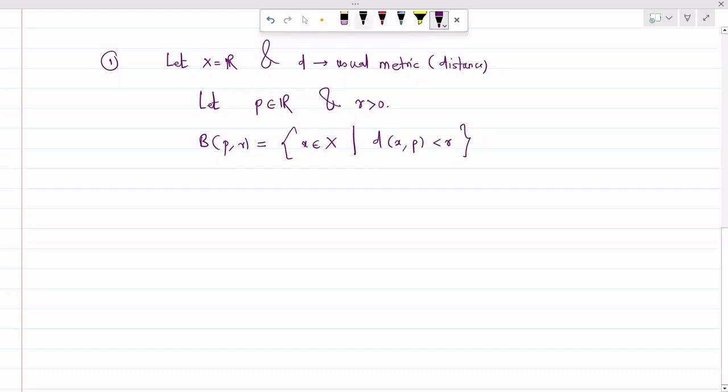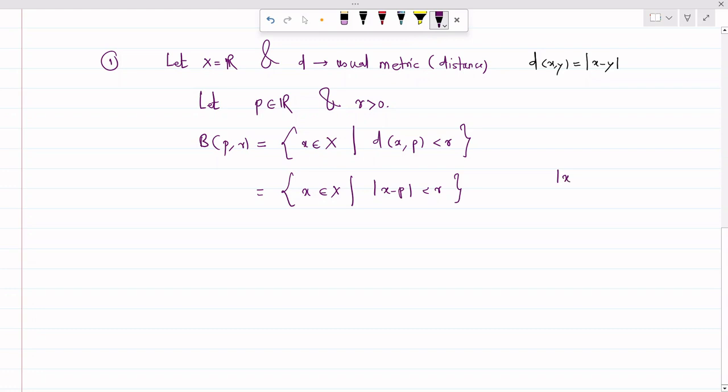But as I already told you, d is the usual distance, so the function is defined like this: d(x, y) is equal to mod of x minus y. So this set will be simplified as x belongs to X such that mod of x minus p is less than r. But since mod can be either the number inside or its negative, there are two possible cases.